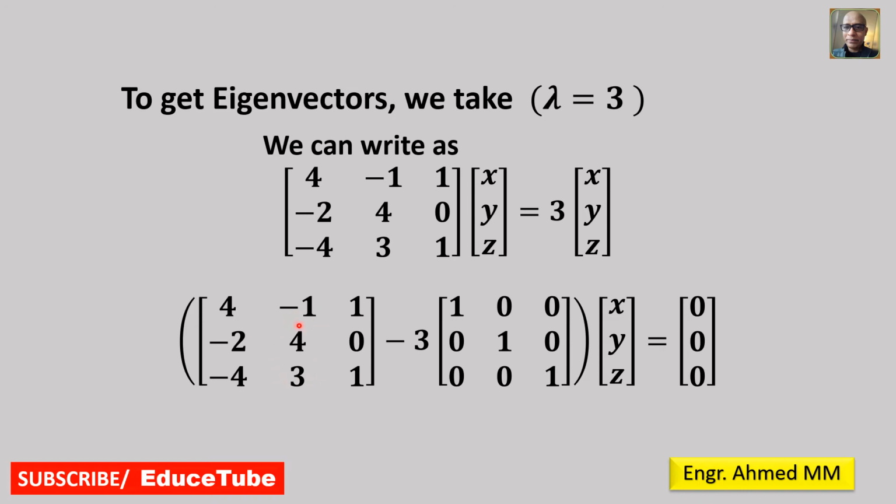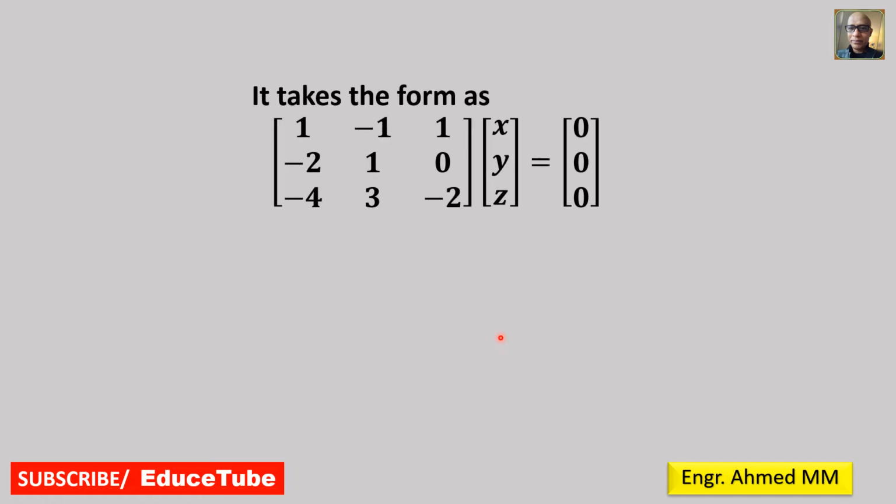We have to subtract from this matrix minus this. It takes the form as this after subtraction.